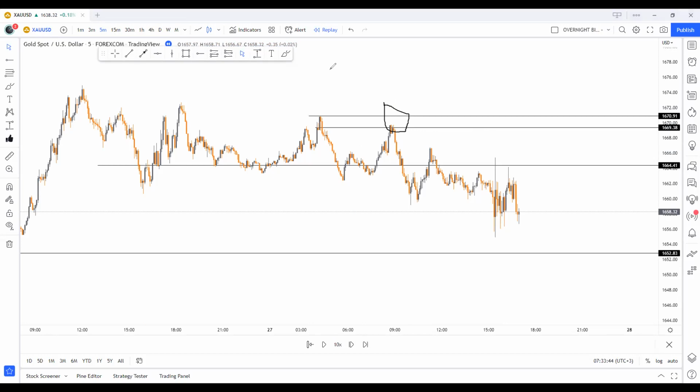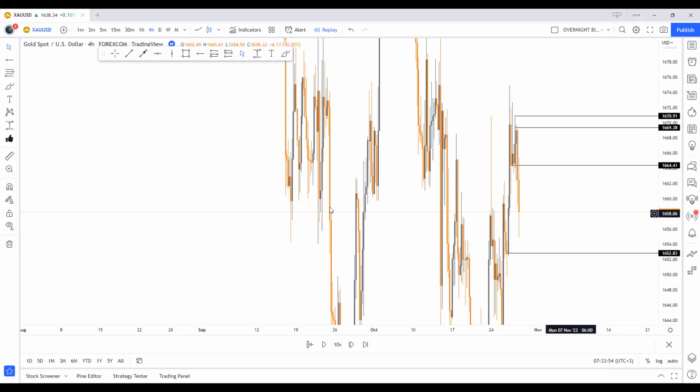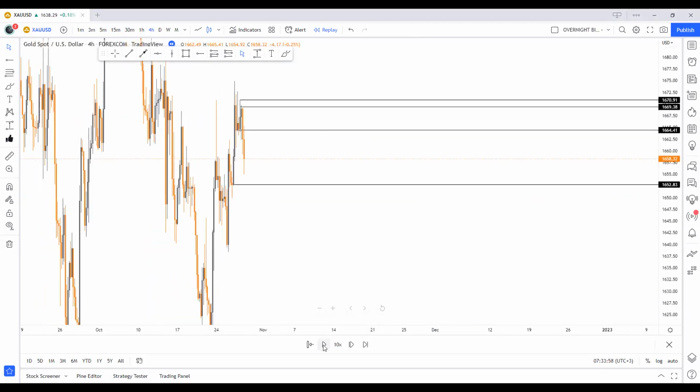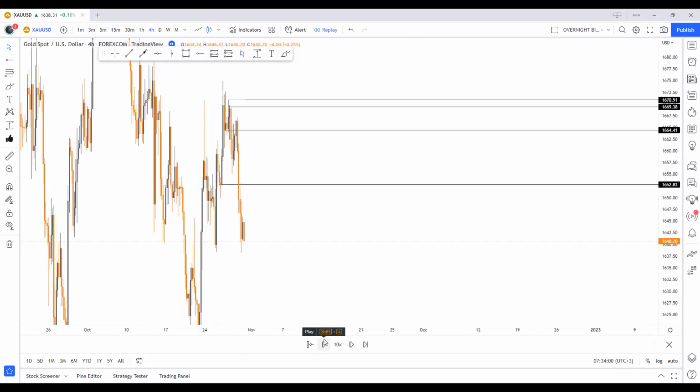So this would be our entry. Now this will be considered as our entry in the market. So in case, we risk only less than 10 pips around this area. So let me play it out.